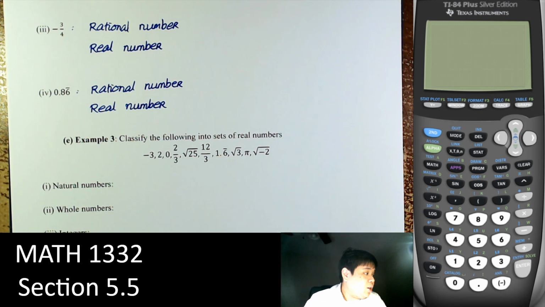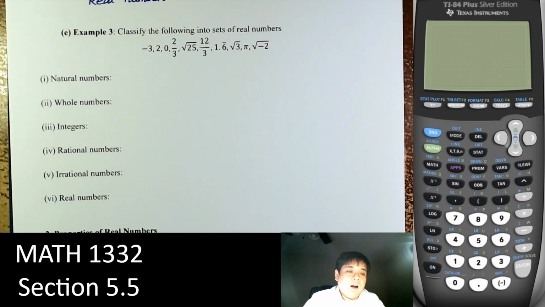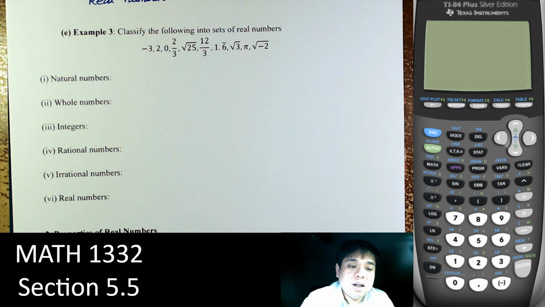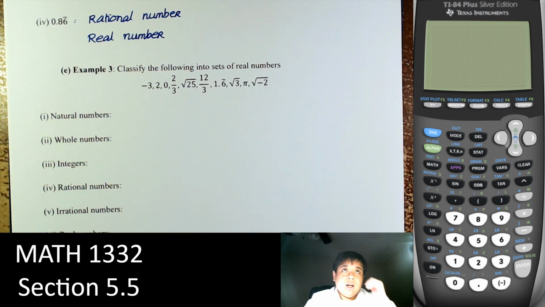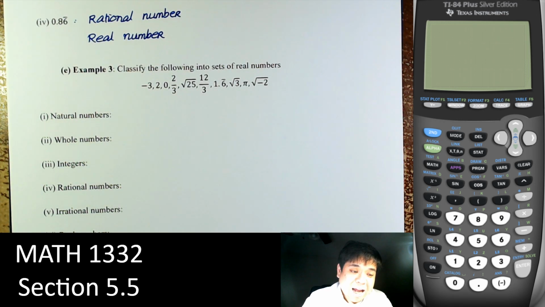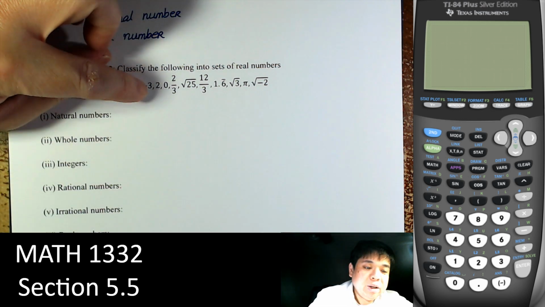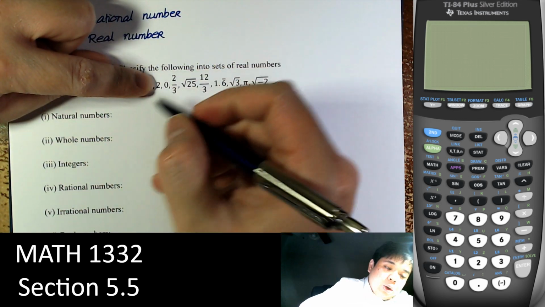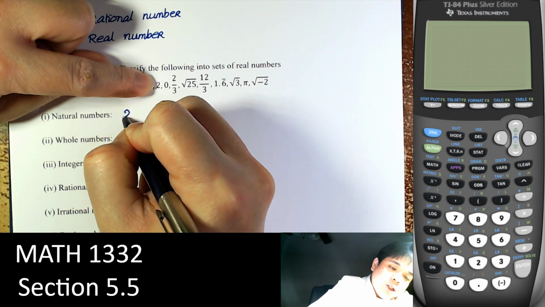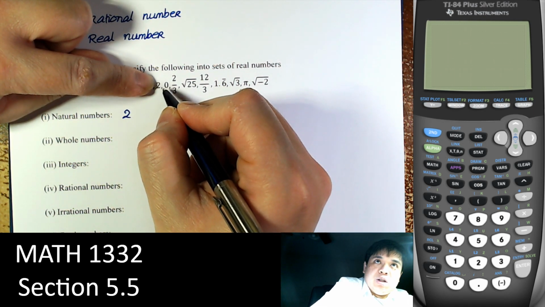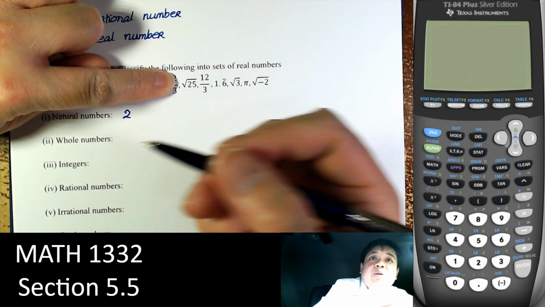Right. Next we have this example. Classify the following into sets of real numbers. So there may be more than one. Right. Now we look at all of this. What are the natural numbers here? We know it's not going to be negative. 2 is a natural number, so it's good. 0 is a whole number, so 0 is not. 2/3, a fraction, is not.